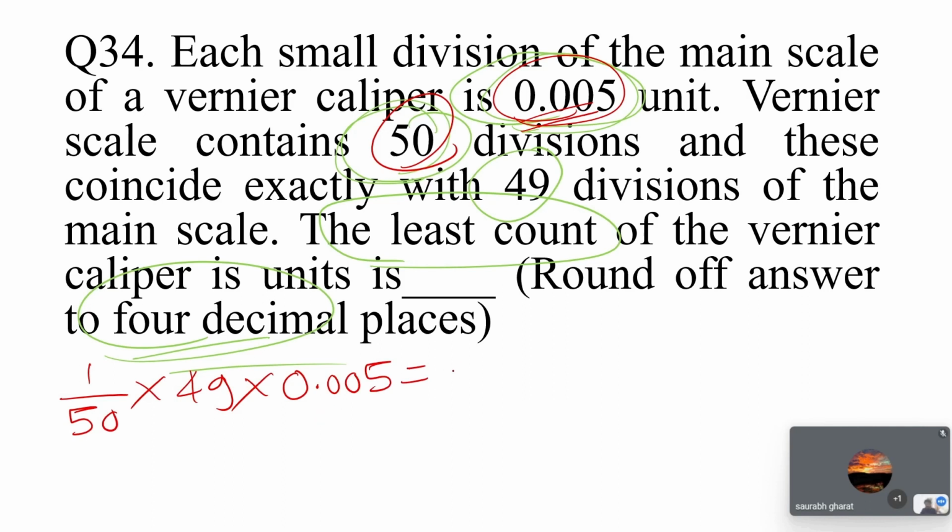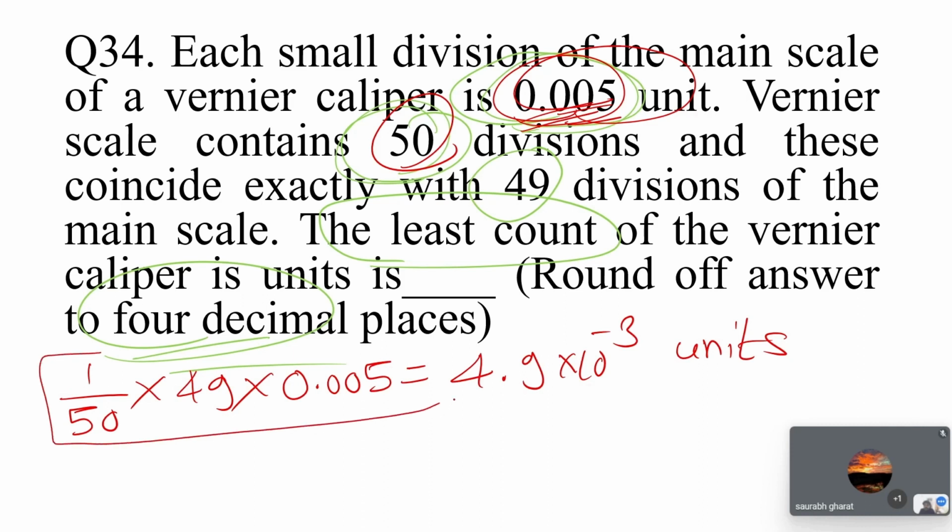If you solve it, the answer we get is 4.9 into 10 raised to minus 3 units. It is in that unit because it is mentioned in units. So if we have to find the least count, this is the maximum that can be measured here. This is why we are calculating this, the last part you can measure here.